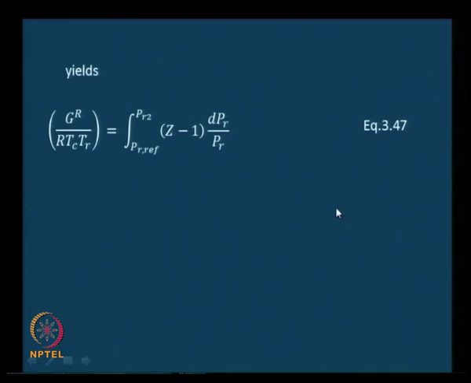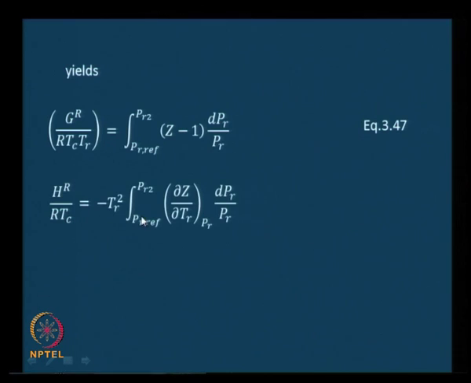We will call this equation 347, and similar substitutions would yield us Hr by R Tc equals minus Tr squared integral Pr reference to Pr2 dou Z dou Tr at constant Pr dPr by Pr.